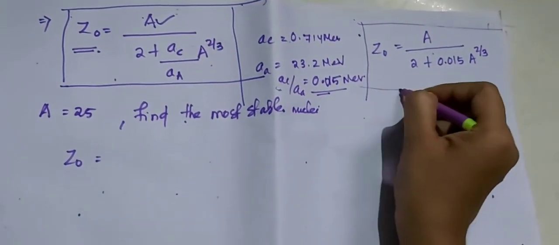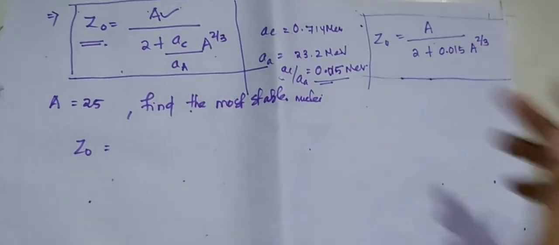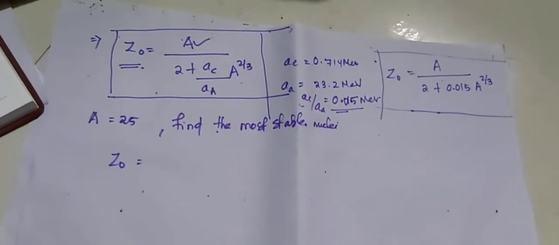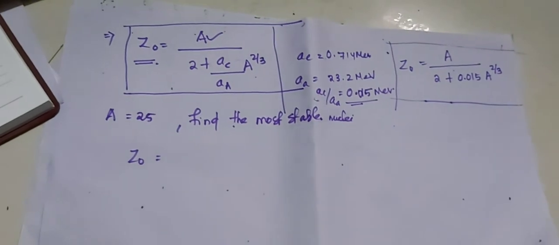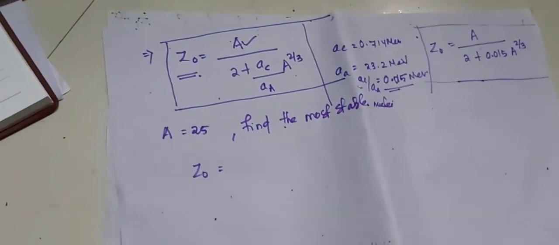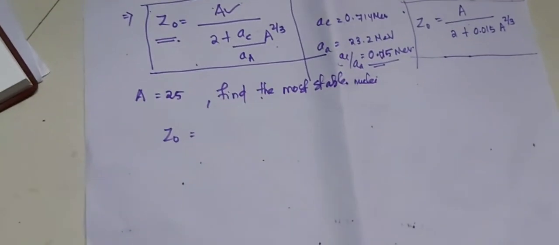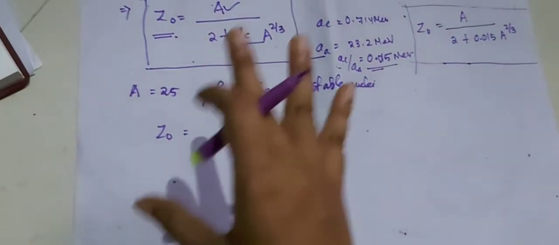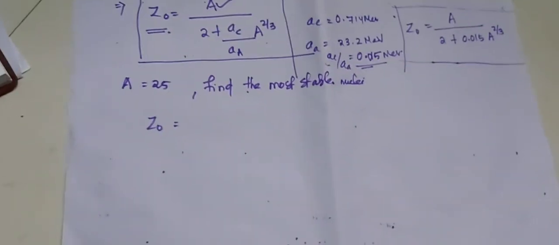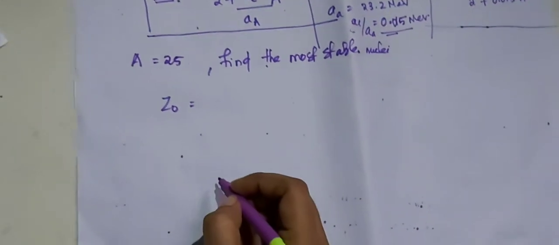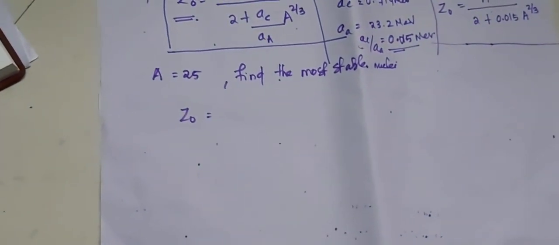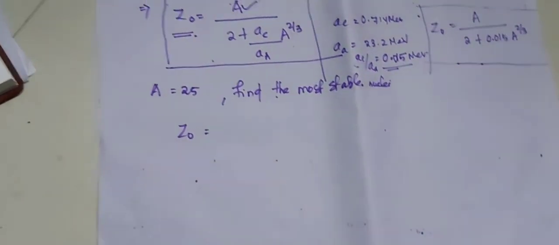So there is no need to remember the values of AC, AA and all these things. It will be better if you remember the values, but for this kind of problems you don't have to remember the values of the volume energy, Coulomb energy and asymmetric energy terms.